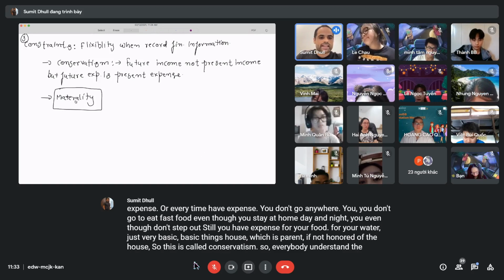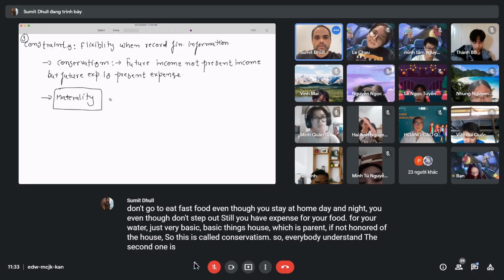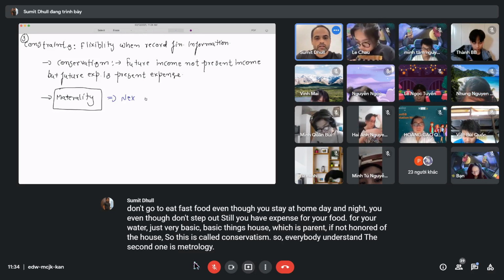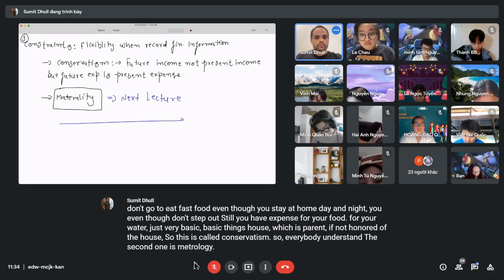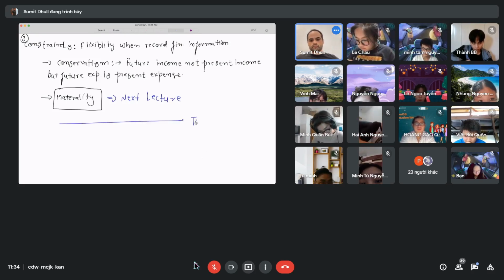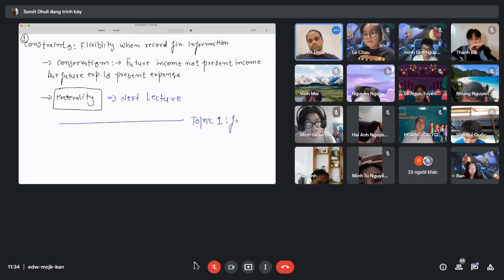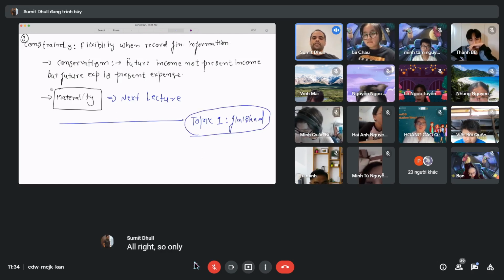The second one is materiality. All right, so only this one left, materiality.